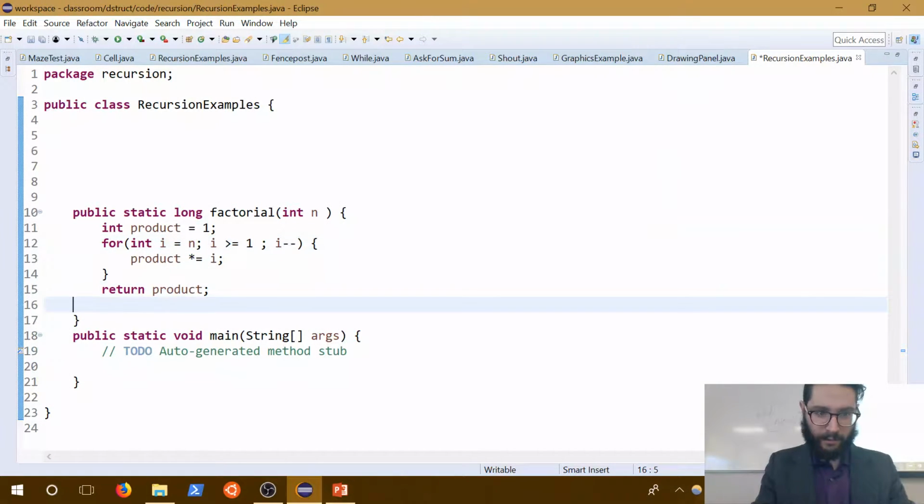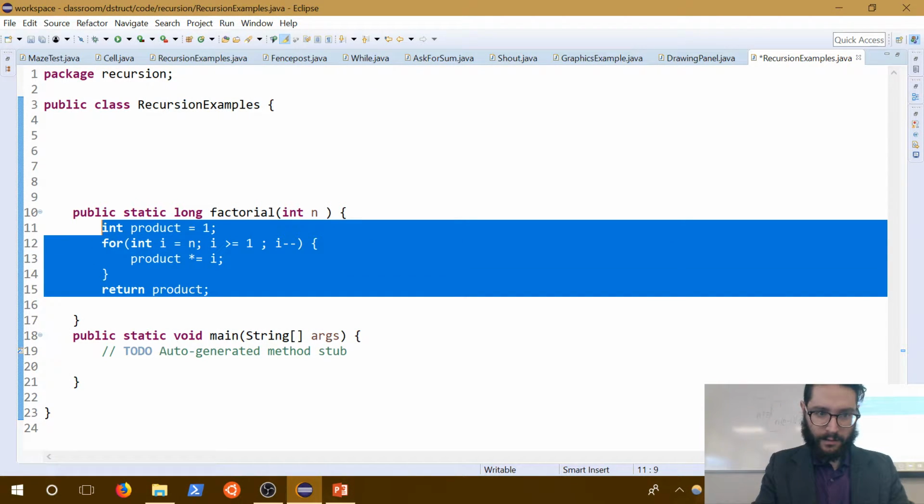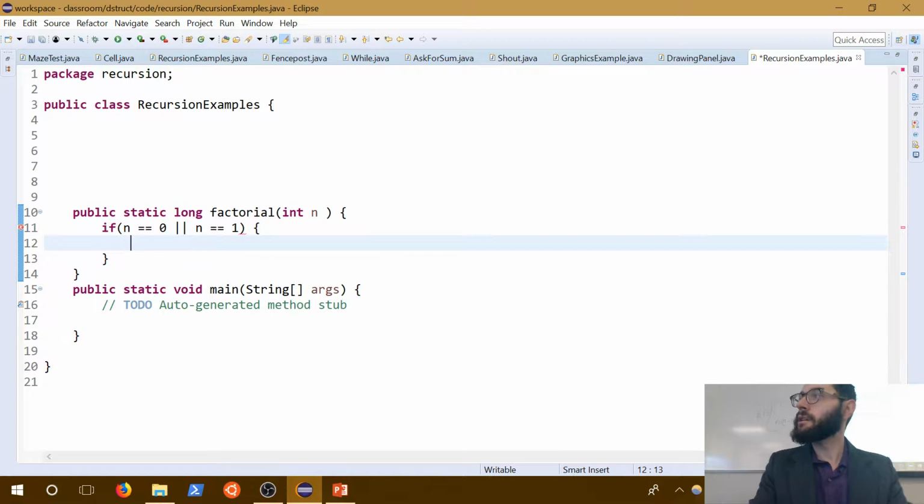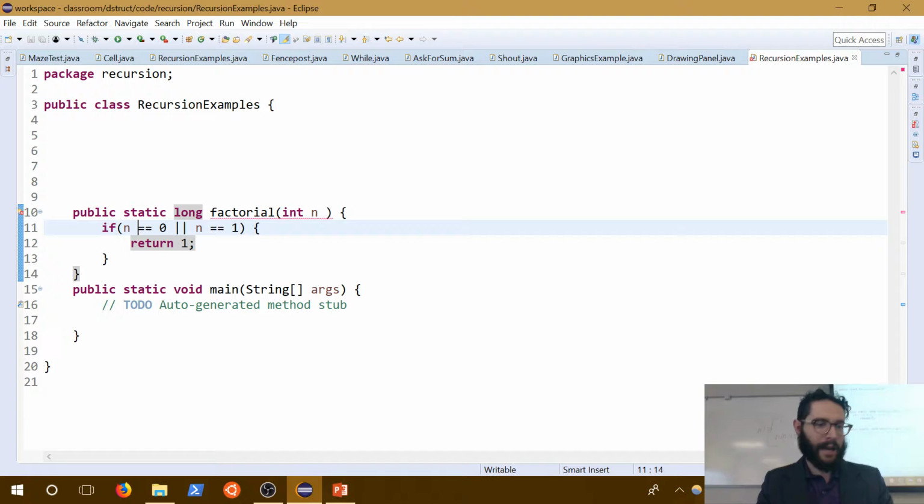So let's go ahead and convert this into some code. Let's delete what we have here and write what we have up there. It just takes a bit of translation. So if n is equal to 0 or n is equal to 1, we just return 1, right?